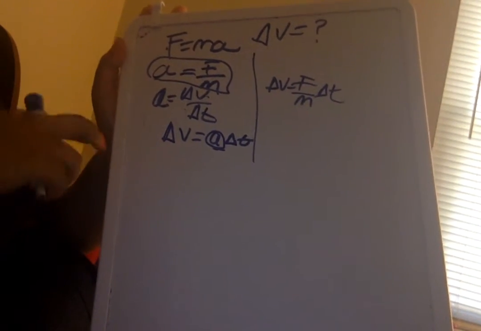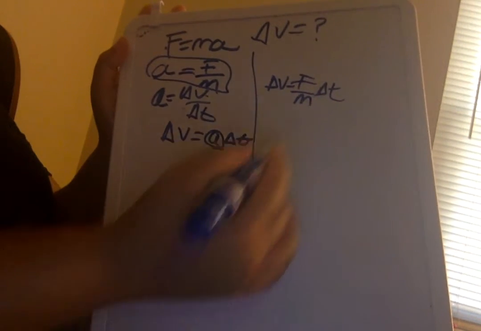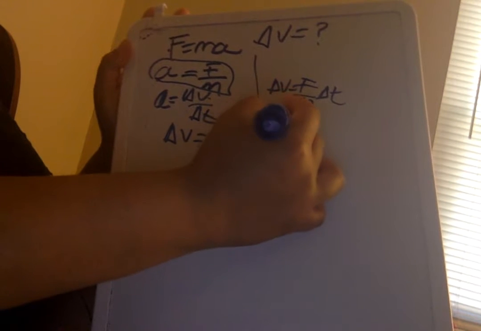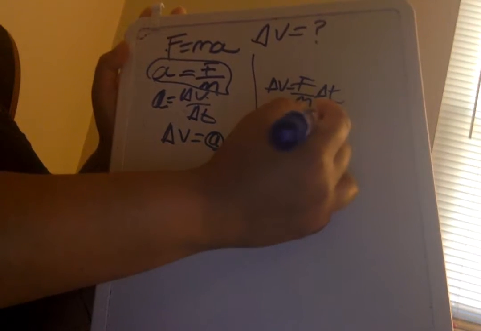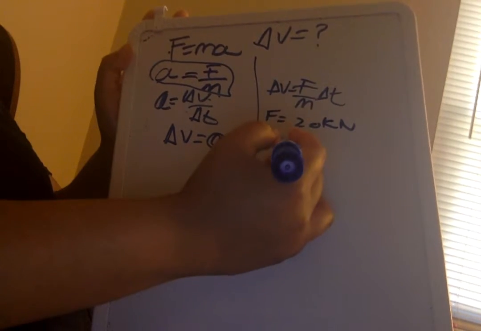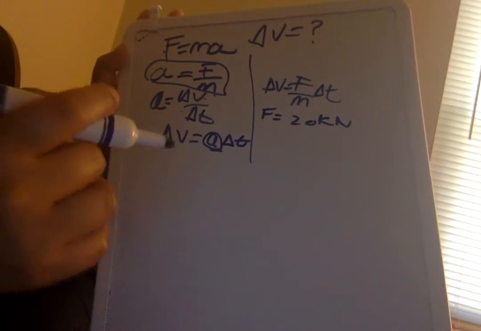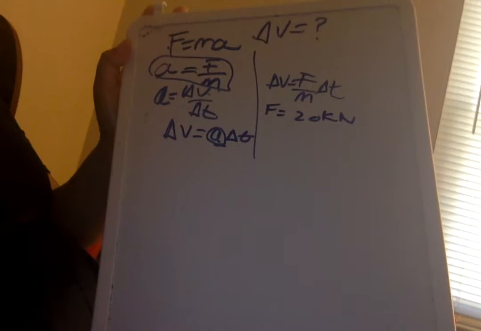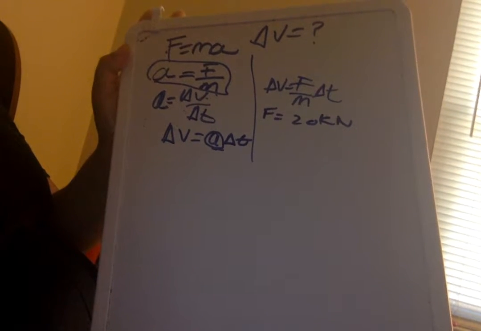So we have all of our values from the actual problem. F is equal to 20, I think kilonewtons. Was it 20? Let me see.